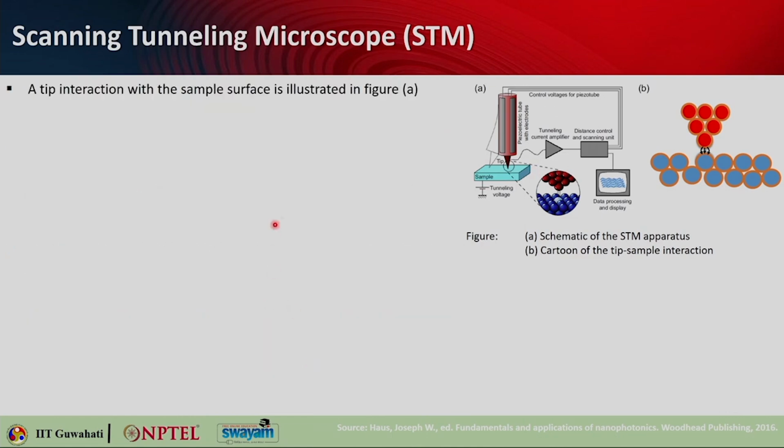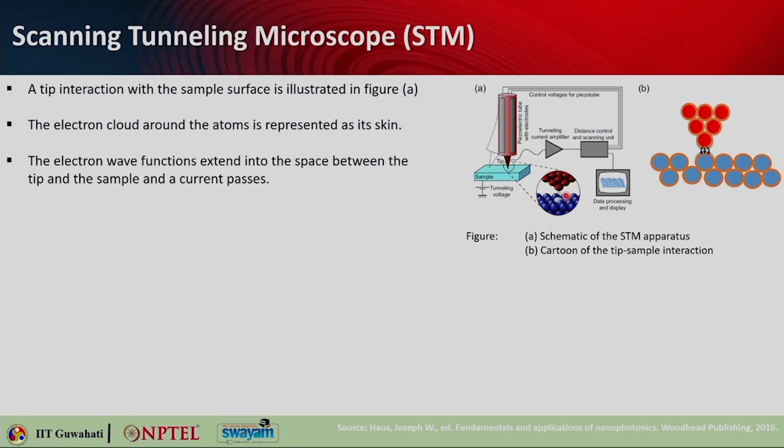Now, a tip interaction can be seen here, and the electron cloud around the atoms is represented by its skin, as you can see here. The electron wave function extends into the space between the tip and the sample, and a current will pass, that is the quantum tunneling current.